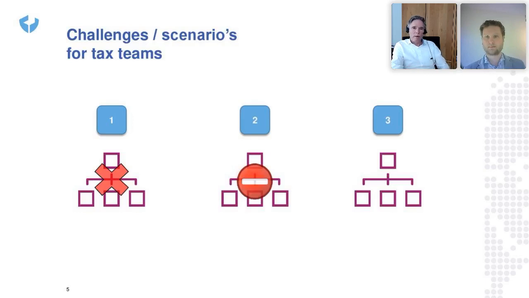So then we come to scenario 3 where there is this system, and as a tax department you also have access to it, which is a good thing because then you can actually work with the information and the data in there. But a lot of times we see, as we discussed before, Mike, that those systems, very much focused on full scope legal entity management, are quite comprehensive, have a lot of details, and are quite difficult to navigate because there's a lot of different types of information in that system.